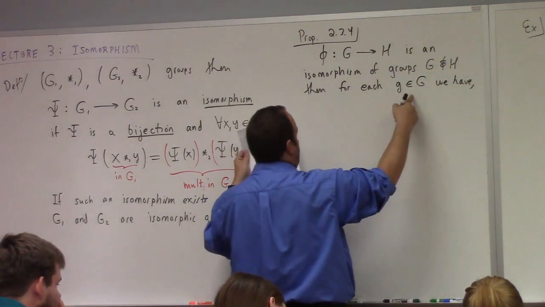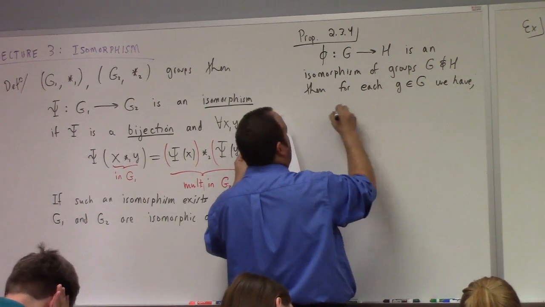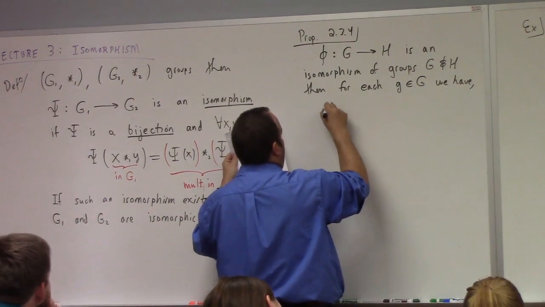In fact, this "for each g in G" really only refers to parts 2 and 3. It's got nothing to do with part 1, so it's just my weird way of stating it.